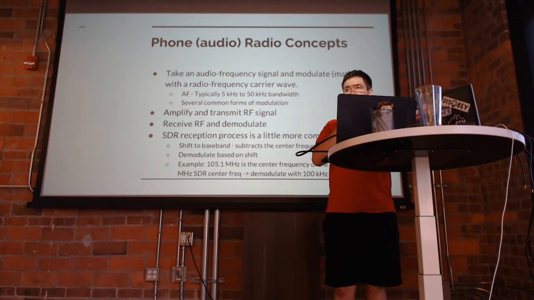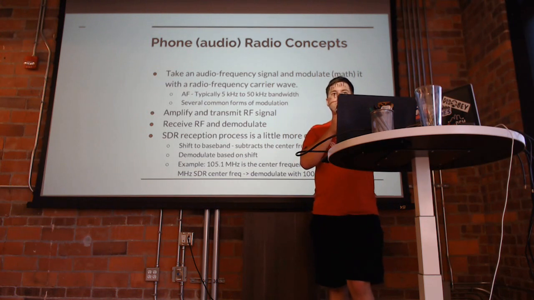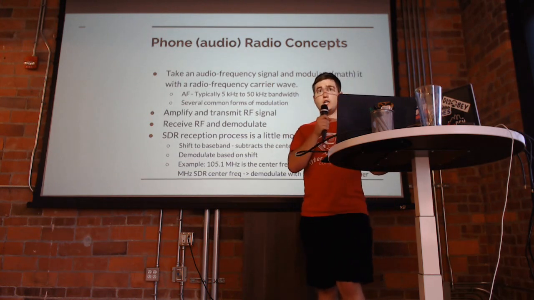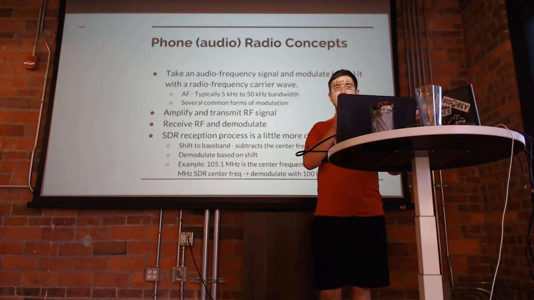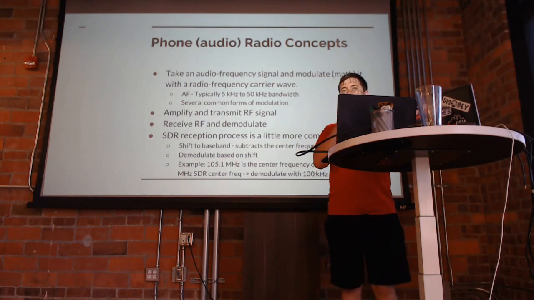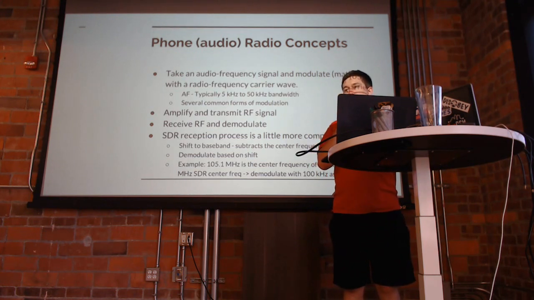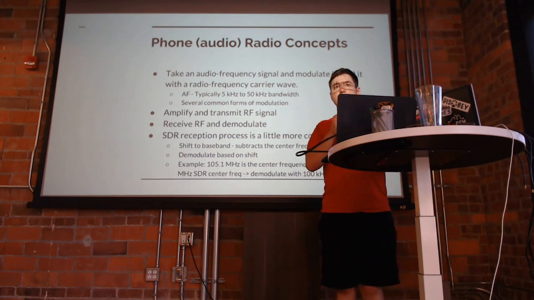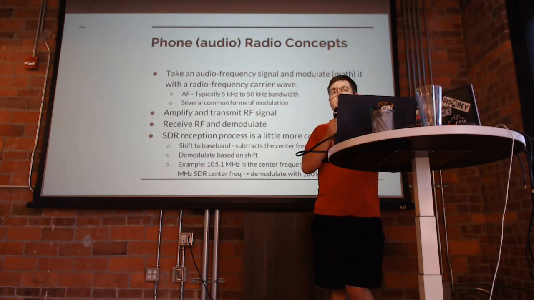So now let's actually talk about doing some stuff with radio. For audio, I'm not going to get into any digital stuff. It's different. But for phone audio radio, essentially the goal is to take an audio frequency signal, in the single-digit kilohertz, like a 2600 hertz whistle, and then modulate it, which is some fancy math, with a radio frequency carrier wave.